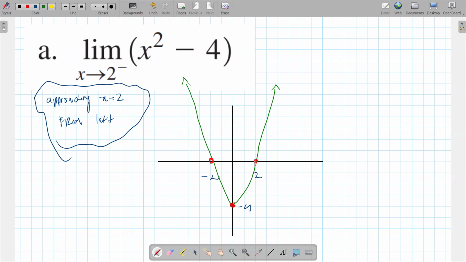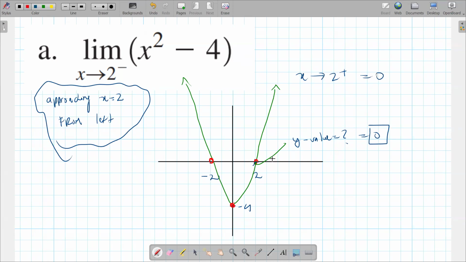So what I mean by that is, what's the y value right here? Well, the y value is 0. At 2, it's exactly 0. At 2 coming from the left, it's also exactly 0. X equals 2 plus would also be 0.